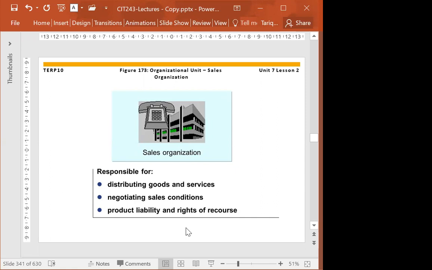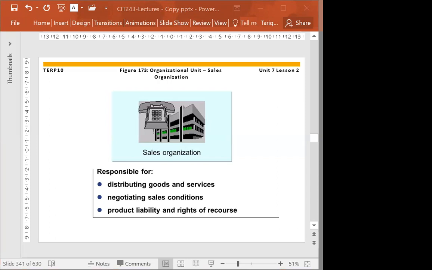More than one sales organization can belong to one company code. Yes, it is possible. For example, we have Miami sales organization. We have Dallas sales organization. Sorry, we don't have a Dallas. We have Eastern Side and Western Side sales organization, two sales organizations in United States.